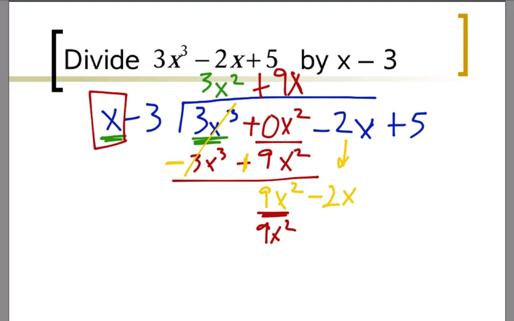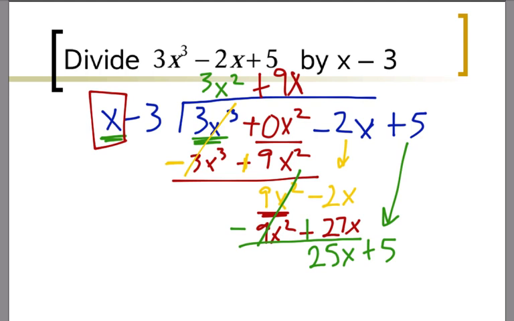When I multiply the 9x times the negative 3, I should get negative 27x. And then I change my signs, negative, positive here. And then those 9x squareds cancel, and I have positive 27, negative 2, which should give me positive 25x. And then I bring down my 5.